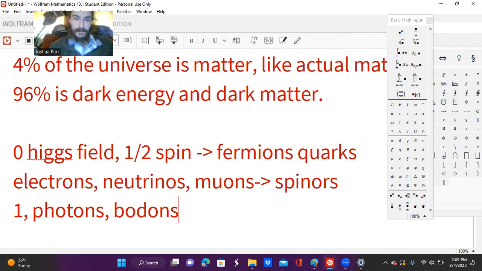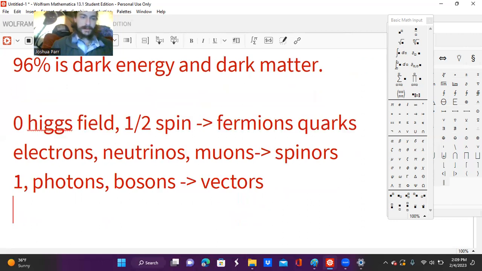And then we have 3/2 spin items, and these are two spinors. And I believe those are, oh, so photons, bosons, and gluons, I think were the vector, or no, so yeah, I think that's how that works.